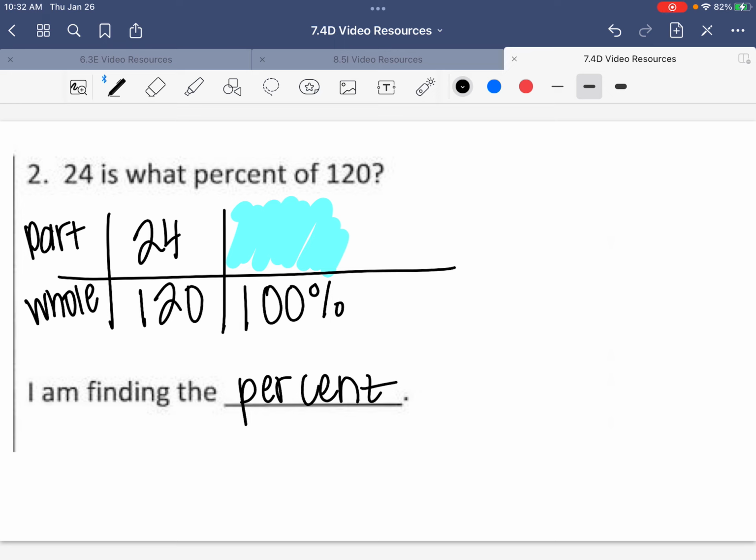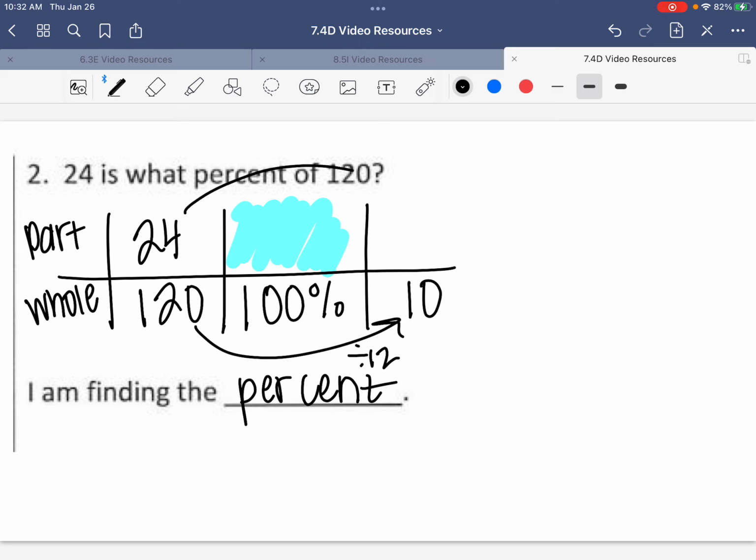All right. So I'm not exactly sure when I look at this how to get from 120 to 100 or from 120 to 24, but I see I can scale down by dividing by 12 because there are 10 12s in 120.